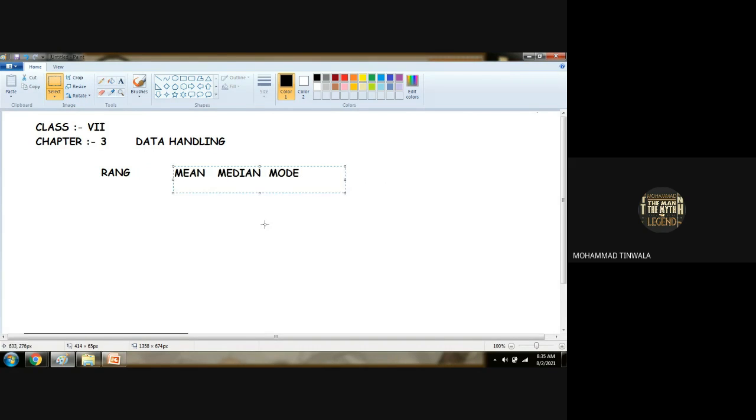Chalo, what do you mean by range? Who will tell me what is range? Can anyone in the class? Yes, sir. Long range, short range, medium range.